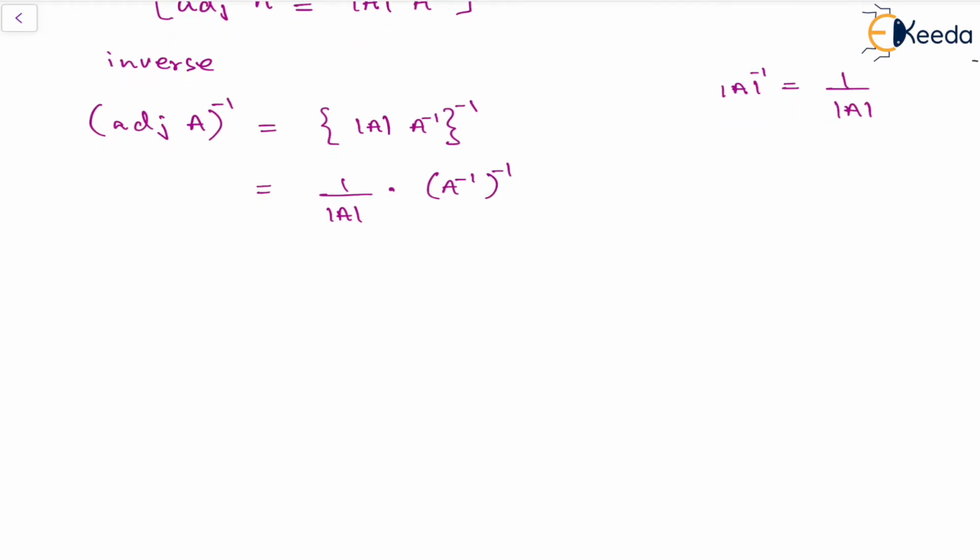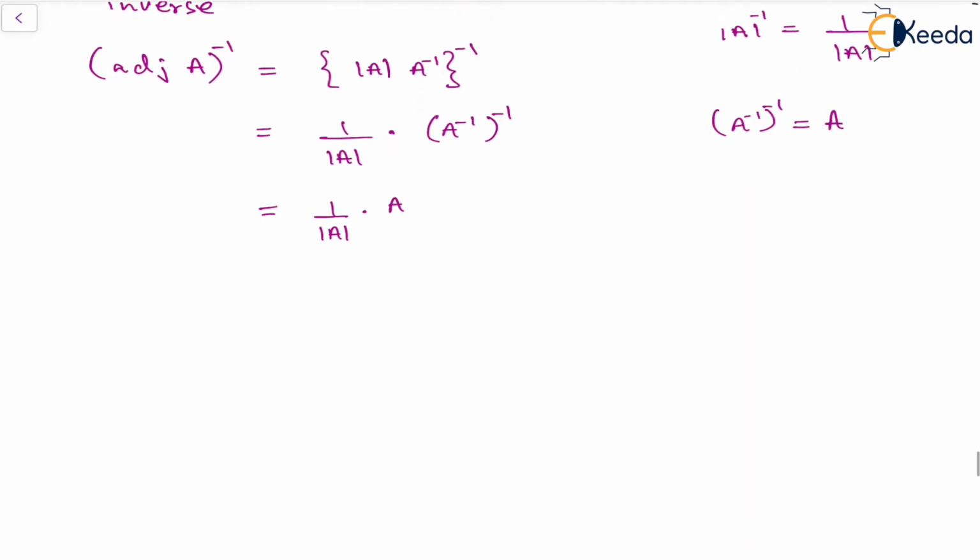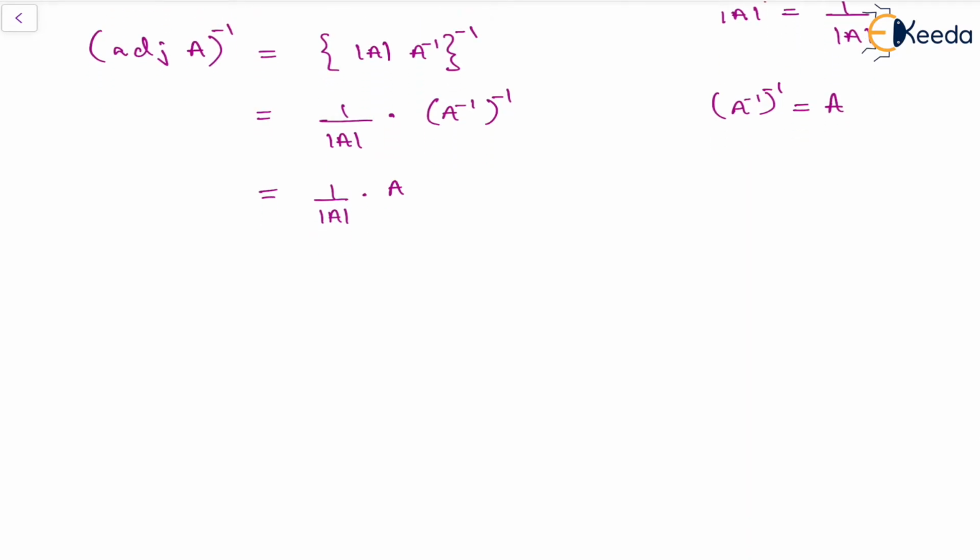And we know that inverse of the inverse matrix will be the matrix itself. So this becomes 1 by determinant of A times simply A. So this is one of our results, that is adjoint A inverse is simply 1 by determinant of A times A.